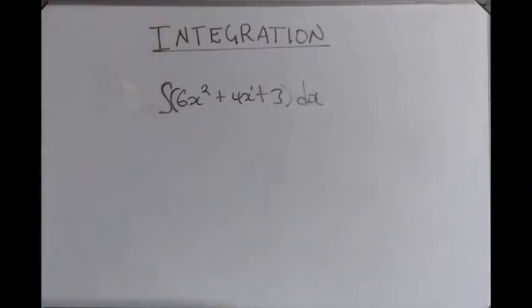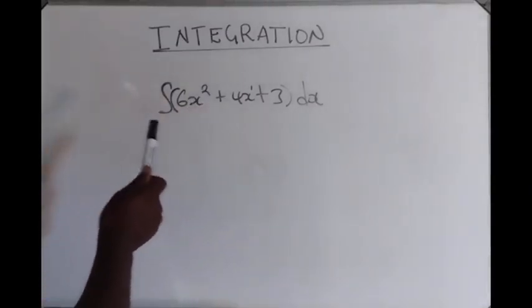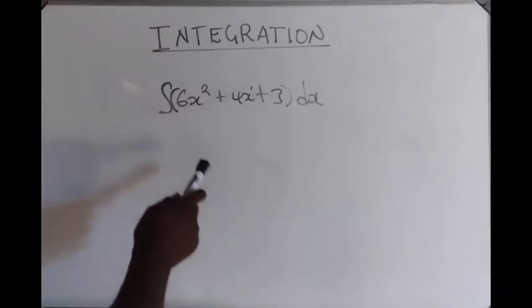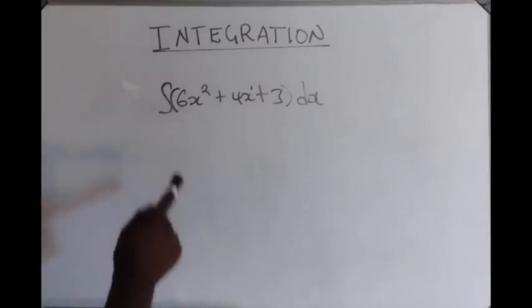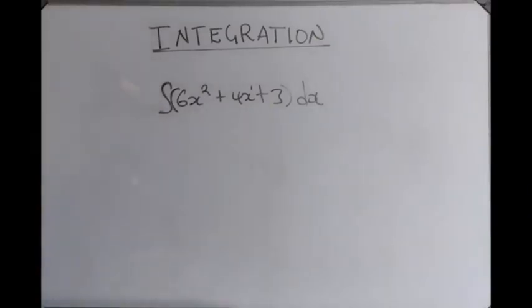When you are integrating, there is a certain principle that you must follow. This is the reverse process of differentiation. Remember, under differentiation we were subtracting 1 from the power, but when it comes to integration, you are supposed to add 1, then you divide by the new power.